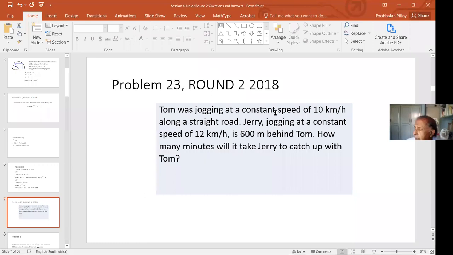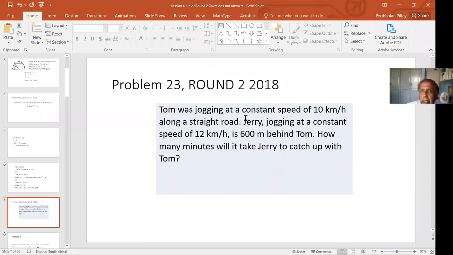To find out, read this problem and find out what the problem is all about. Tom was jogging at a constant speed of 10 kilometers per hour on a straight road. So let's just draw the road so we have an idea of what he was doing. So what is he doing? He's jogging away on a straight road. Jerry, jogging at a constant speed, is 600 meters behind Tom.